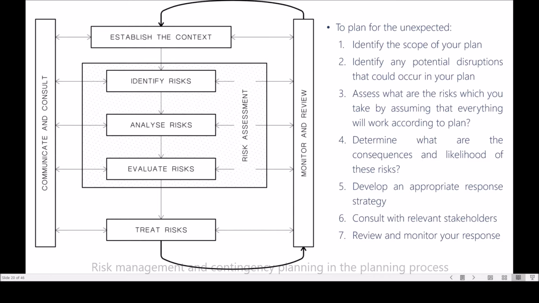So we do this analysis, we evaluate as a result of that, and then dropping out of that evaluation on how seriously we take it, we then treat that risk. And treating the risk is really about taking action on that risk, and we'll talk more about that as we go along in this topic.